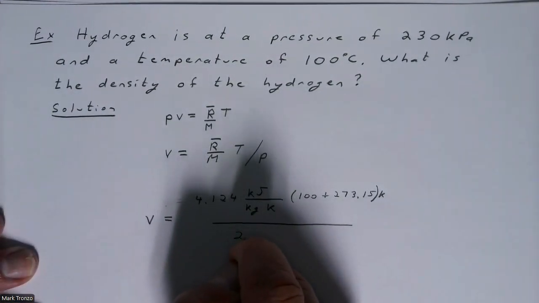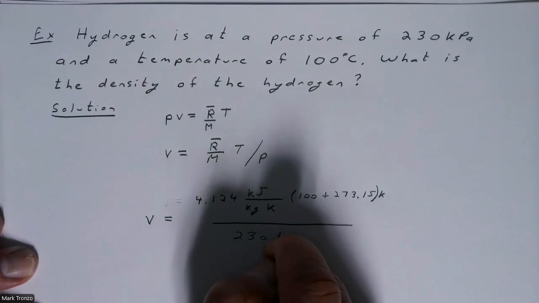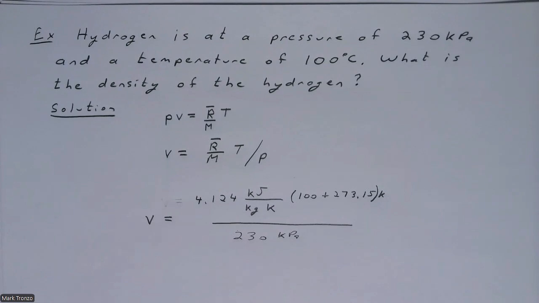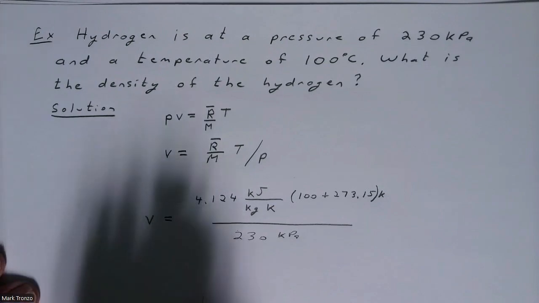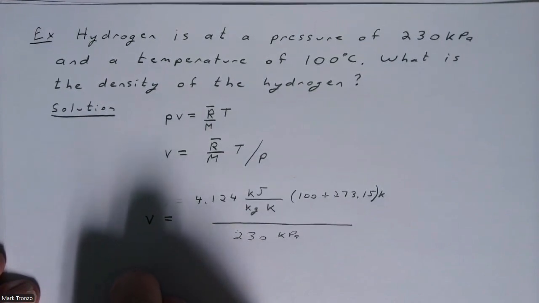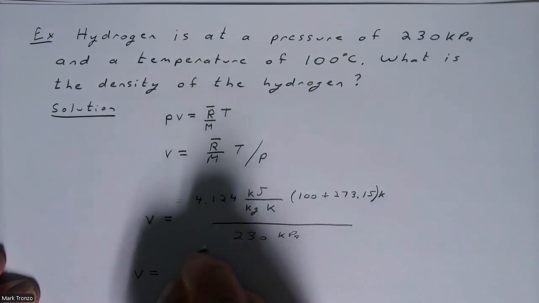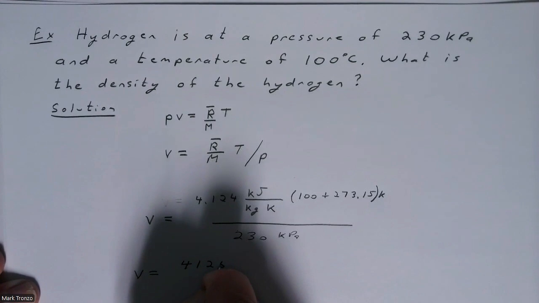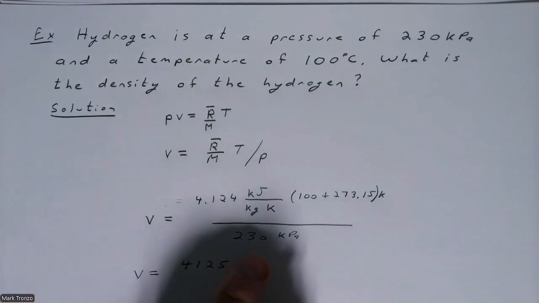And the pressure is 230 kPa. Now, we want to be sure that all our units work out. So we should convert some of these, see exactly what we have here. So now kilojoules, again, I'm going to do this a long way, just to verify that we have all the right units.